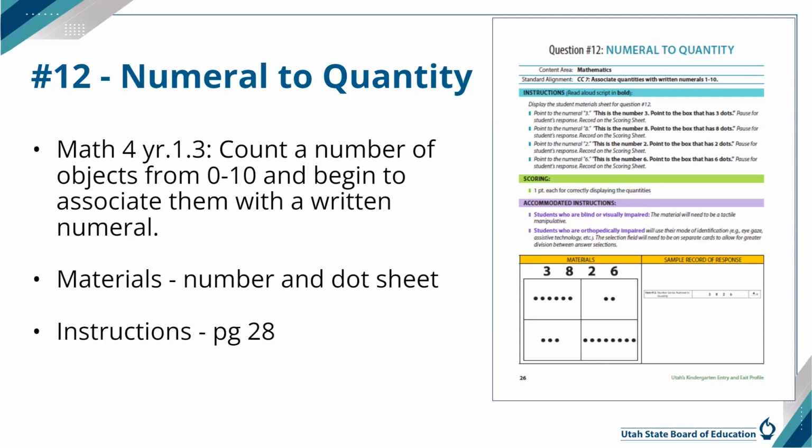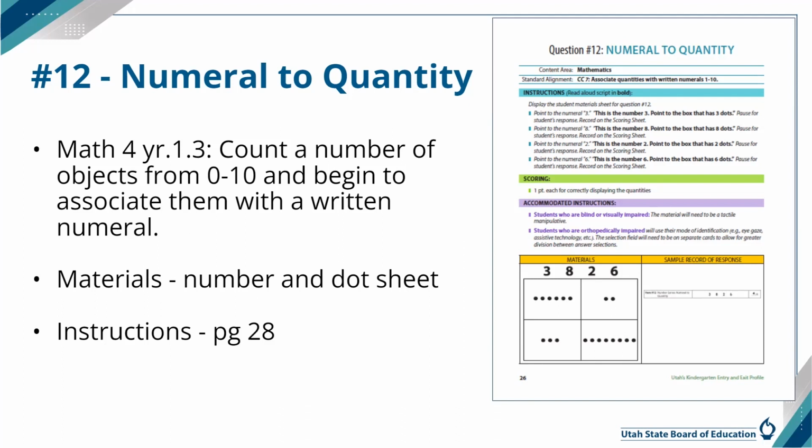So if they self-correct within about 3 seconds is the time frame we're looking at, you show them the 3, they point to the 2, and then they say, no, wait, and they point to the 3, then you can consider that a self-correction. Self-corrections are allowed within the assessment, as long as they happen within about 3 seconds. And particularly for this item, it has to happen before you give them that next number.